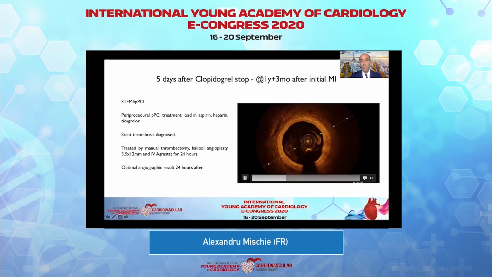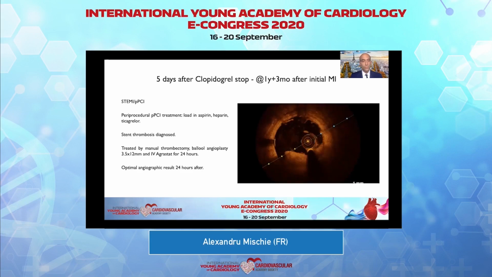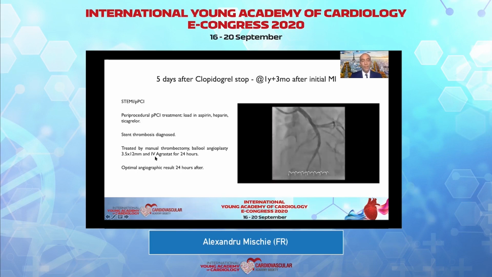I was able to unblock the artery with a manual thrombectomy, then a balloon angioplasty with a 3.5 by 12 millimeter balloon, and then IV tirofiban for 24 hours. He had an optimal angiographic result after 24 hours.